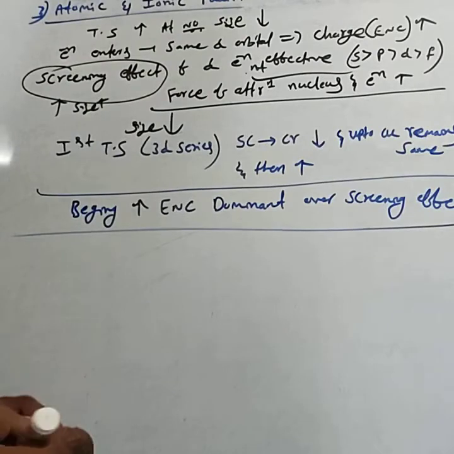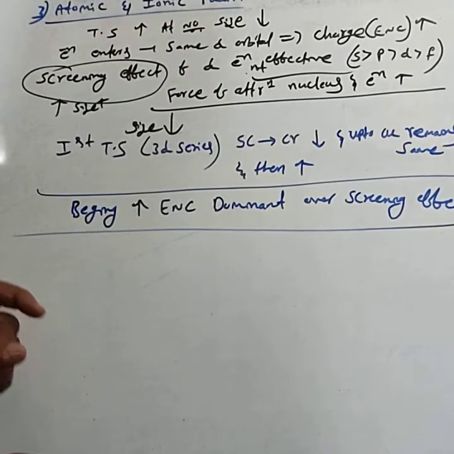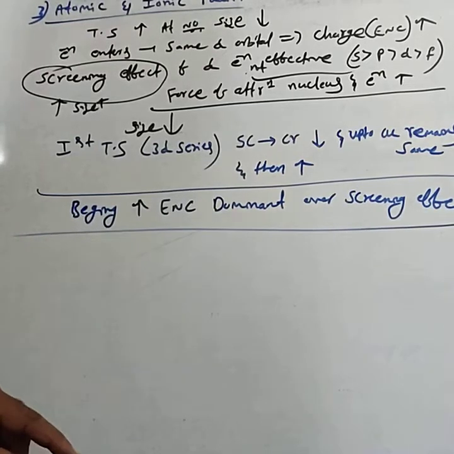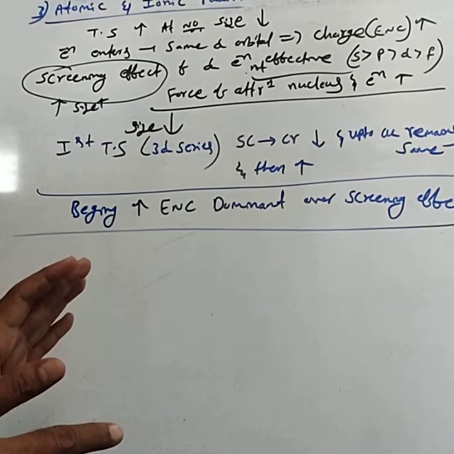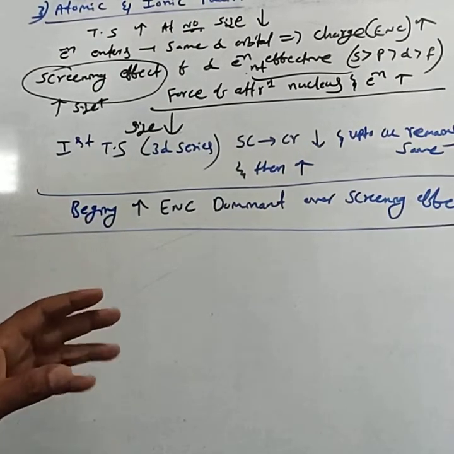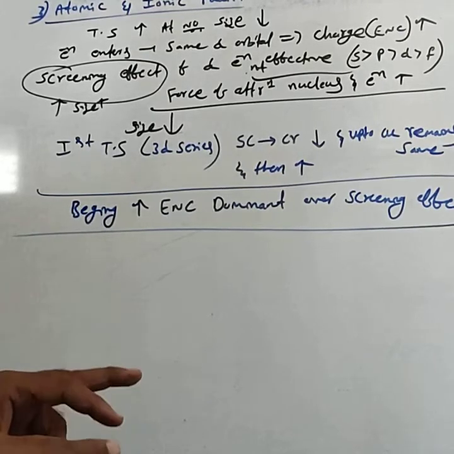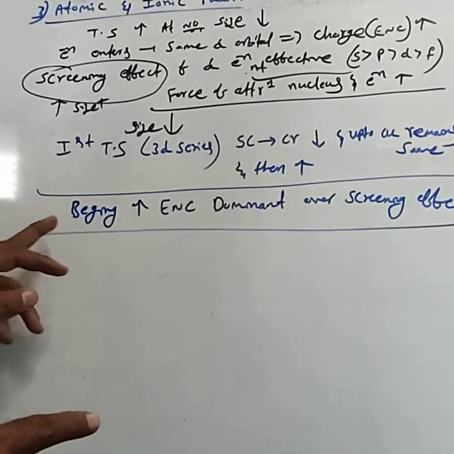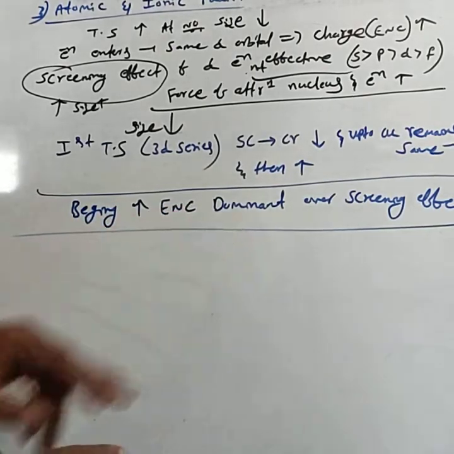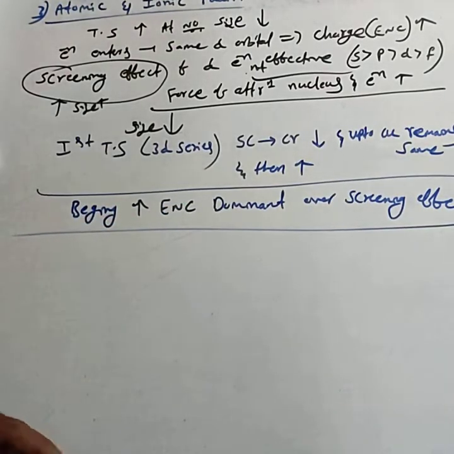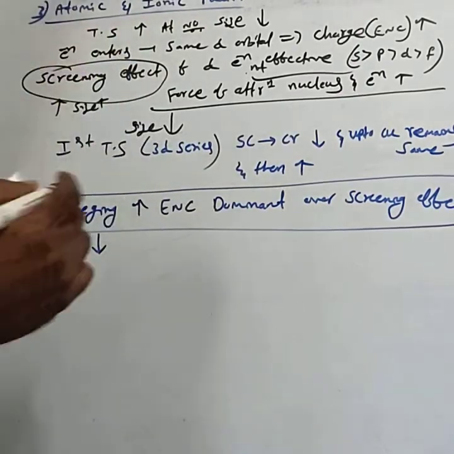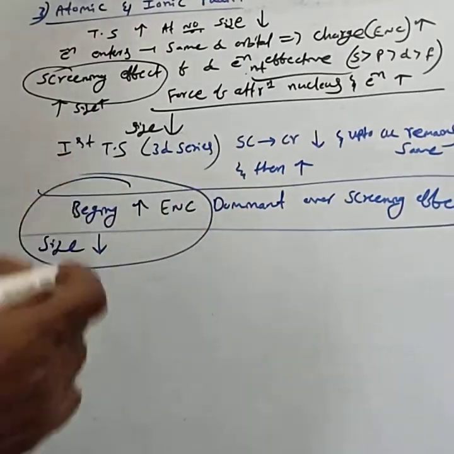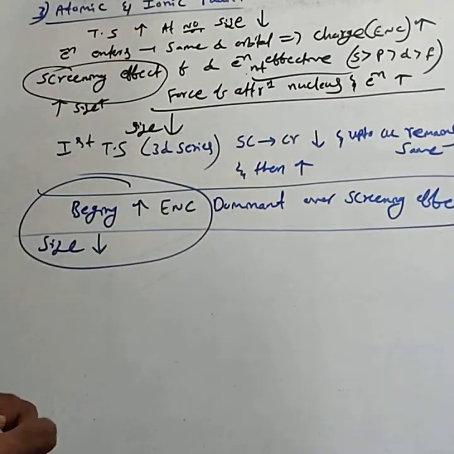In first year, in the periodic table, we already studied that the higher the ENC, the smaller the size, and the higher the screening effect, the larger the size. But in the beginning, the increase in ENC is dominant over the screening effect. Hence, in the beginning, atomic size decreases.